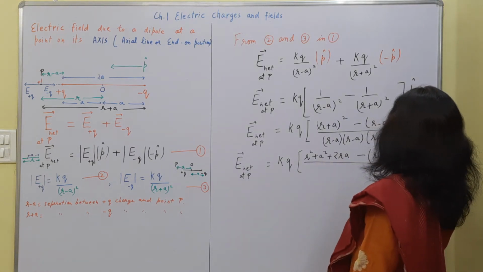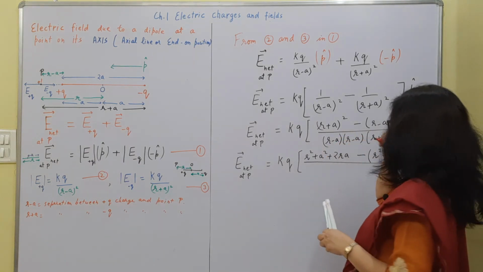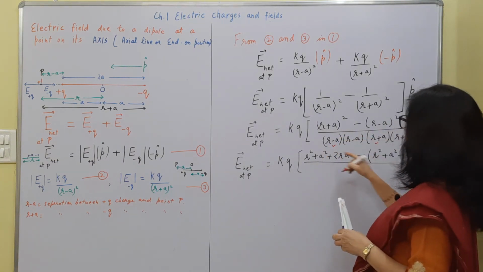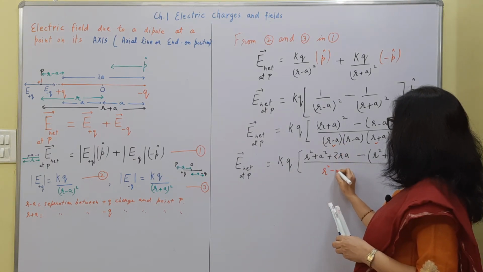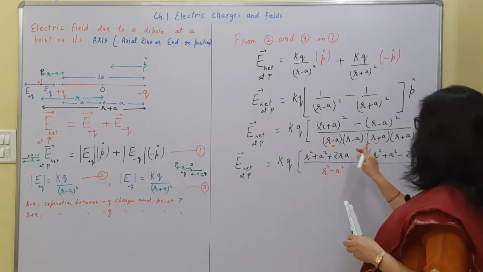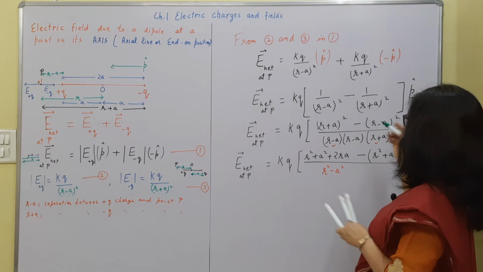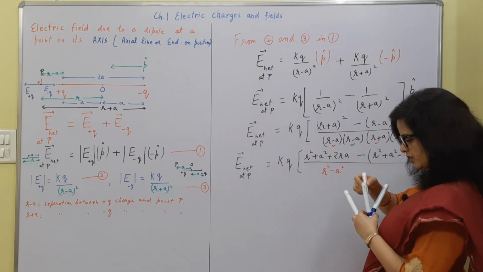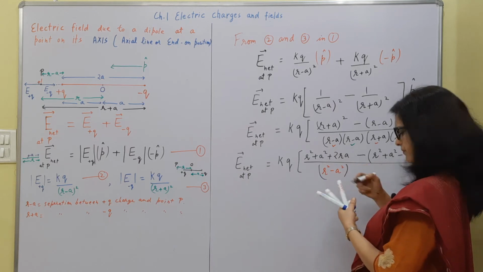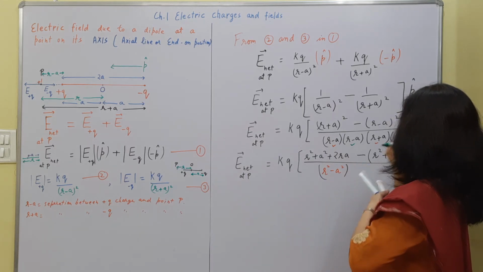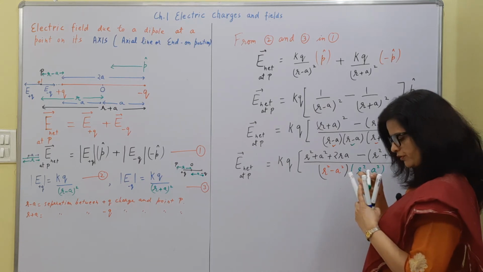And in the denominator, I can group together this part and this part. A minus B into A plus B will give me A square minus B square. Similarly, A minus B into A plus B. I am grouping this now, this with this. So this will be again A square minus B square. So what will be the next step?